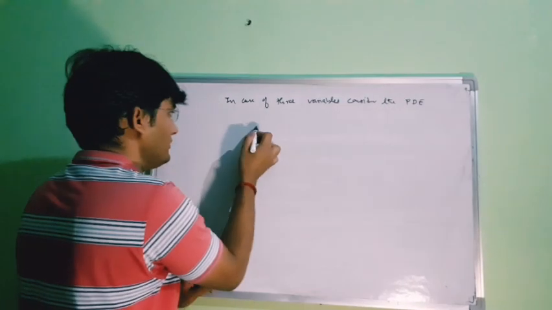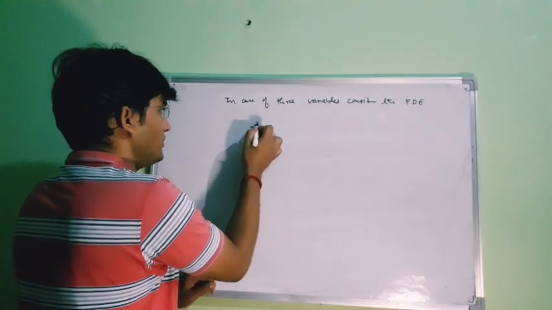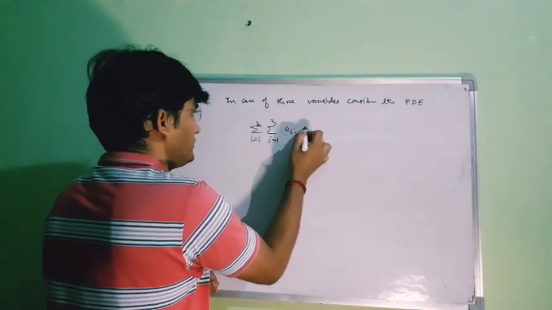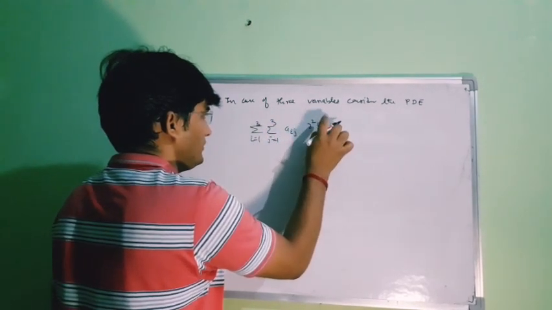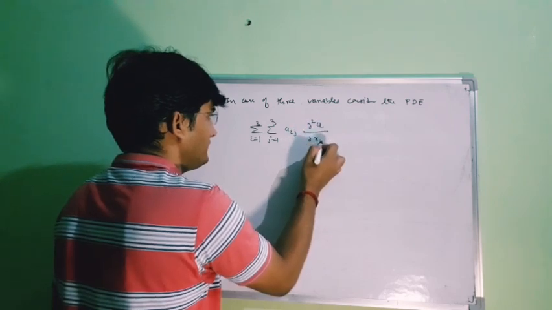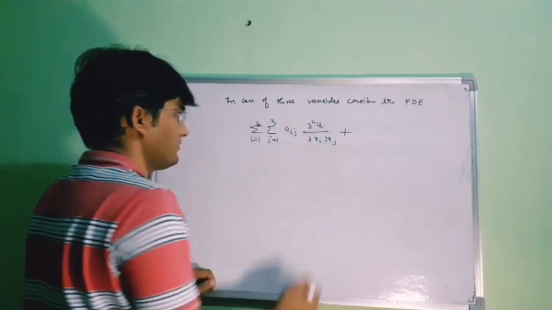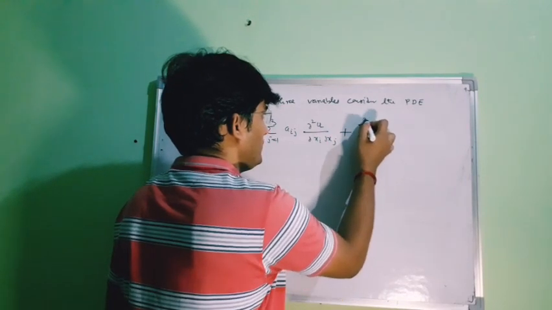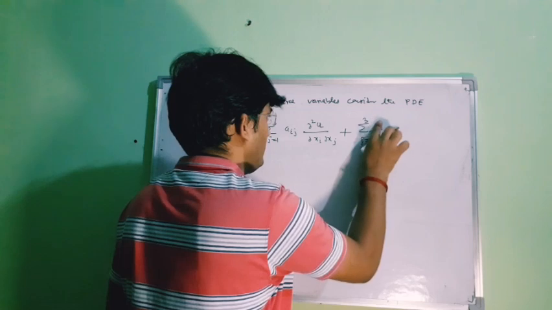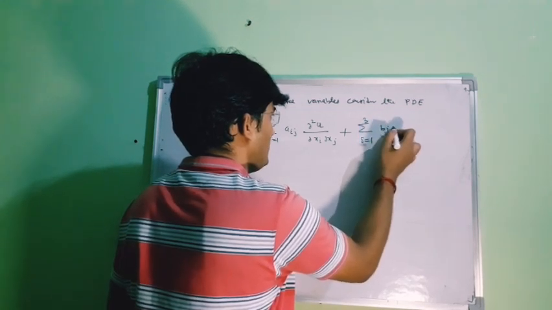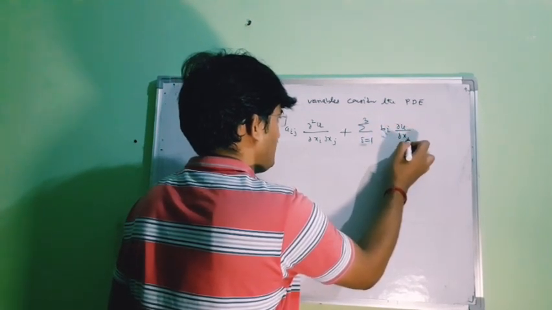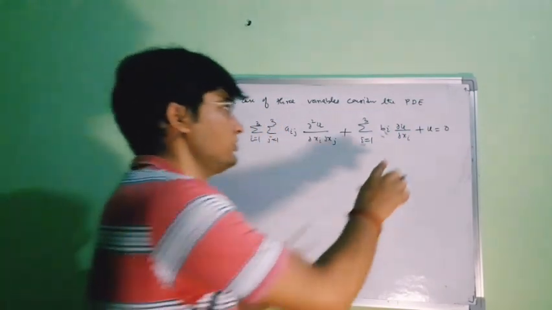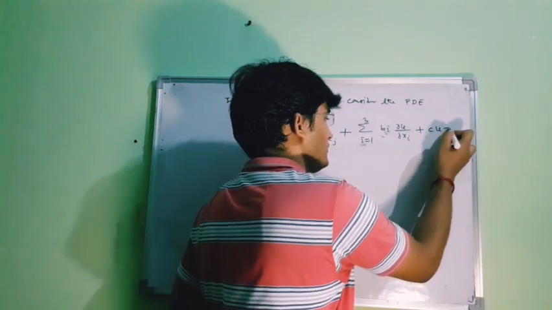Say this is your PDE: sum with i from 1 to 3, j from 1 to 3, a ij del 2 u upon del xi del xj, then another sum from i equal to 1 to 3 of bi del u upon del xi, plus some d into u, or c into u, equal to 0.